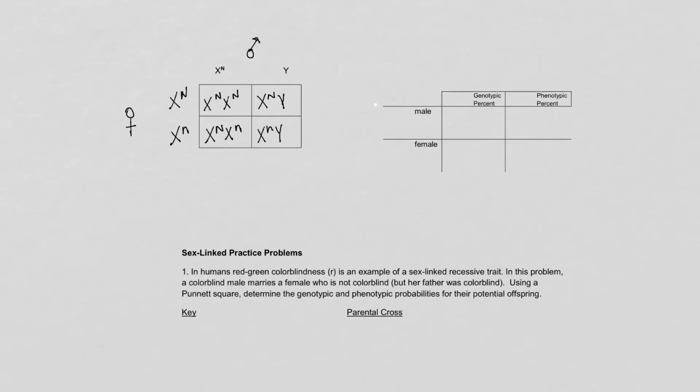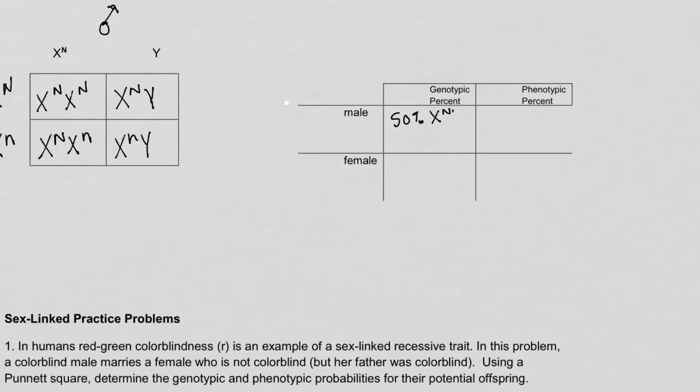So for the male, the genotypic percents would be, you've got 50% X big N Y and 50% X little n Y. So this means you've got 50% normal males and 50% bleeders or males with hemophilia.